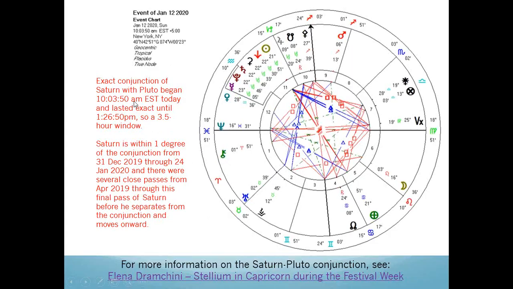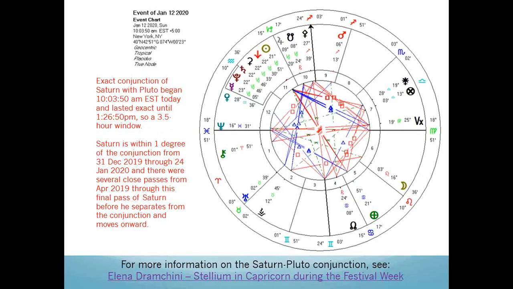It started at 10 a.m. Eastern Time. Don't make me do the math. What was that? 2 a.m. GMT. And it lasted exact until almost 1:30. So there was a 3.5 hour window that it was exact. All right.